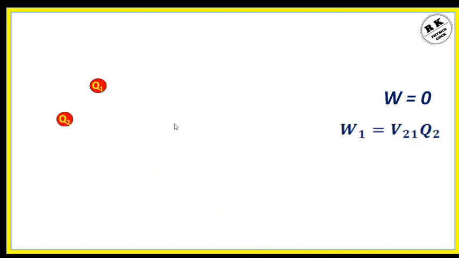So the work done will be W1 is equal to V21 Q2. Understand this relation: this is the work done in bringing charge Q2 into the potential of Q1, the first charge.